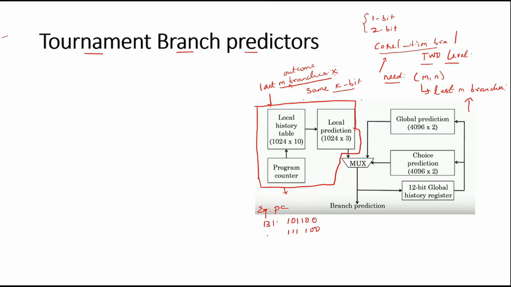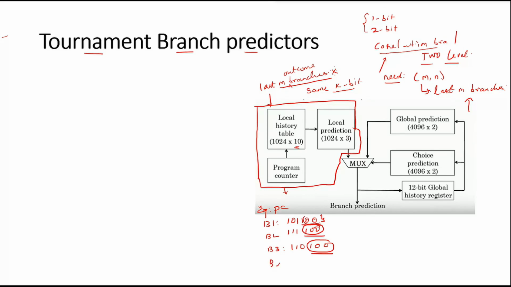Any branch, branch 1, branch 2, branch 3, may have any program counter. The correlation branch predictor may take any k bits; there is no restriction. It purely depends upon the size of the history table, and the maximum is 1024 into 10. In this case we will take 3, so whichever branches have the same last 3 bits.